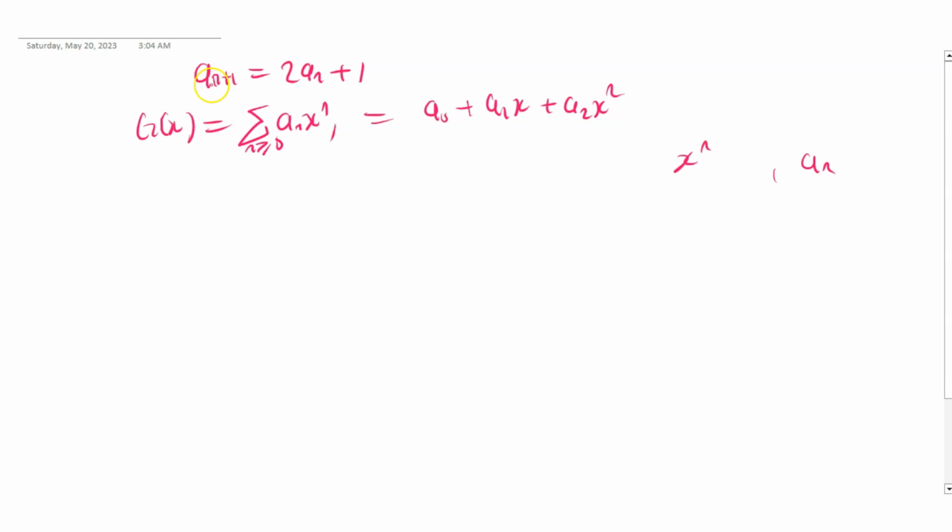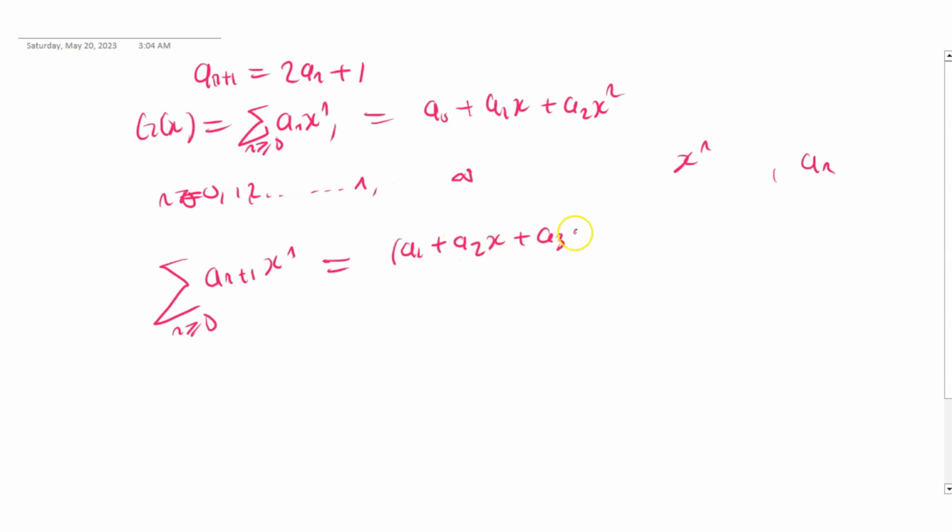If we multiply a sub n plus 1 by x to the n and sum from n equals 0 up to infinity, what we get is that the sum of a sub n plus 1 times x to the n for n greater than or equal to 0 would be a sub 1 plus a sub 2 x plus a sub 3 x squared plus a sub 4 x to the 4th power, and then we'll continue this way.